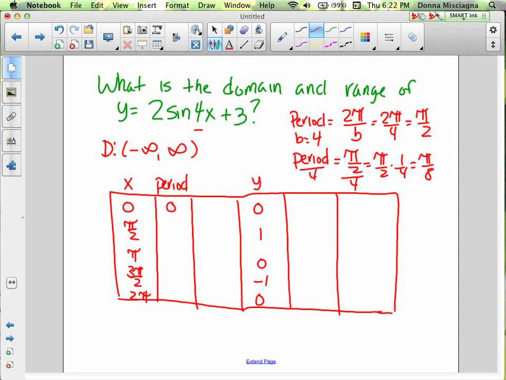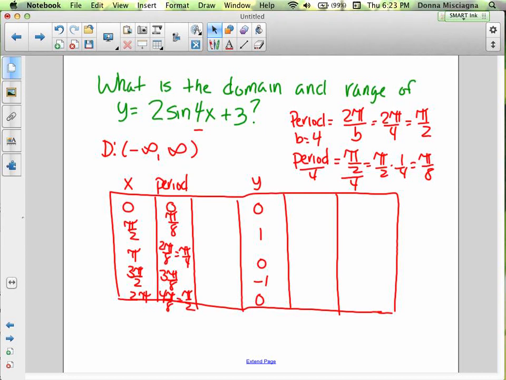We're going to count by pi eighths from 0: 0, pi eighths, 2 pi eighths, which is pi fourths, 3 pi eighths, and 4 pi eighths, which is pi halves. Pi halves is exactly what the period is, and our last value in the table needs to match the length of the period.